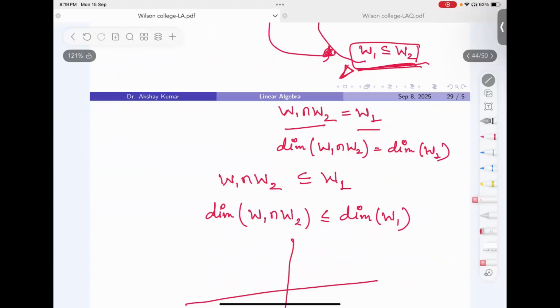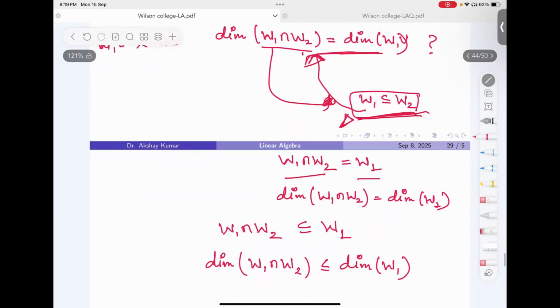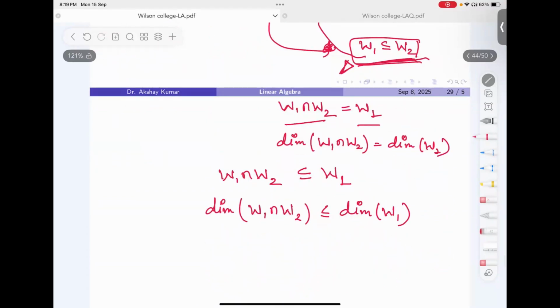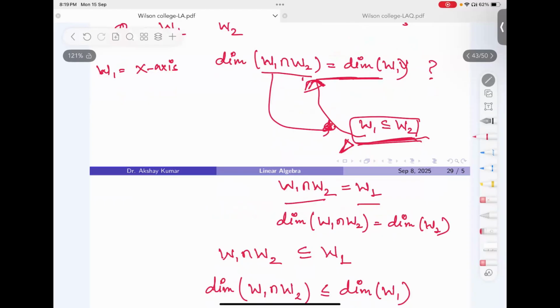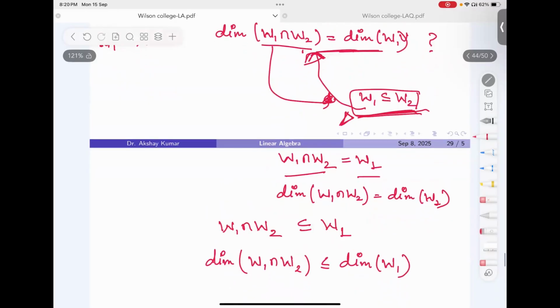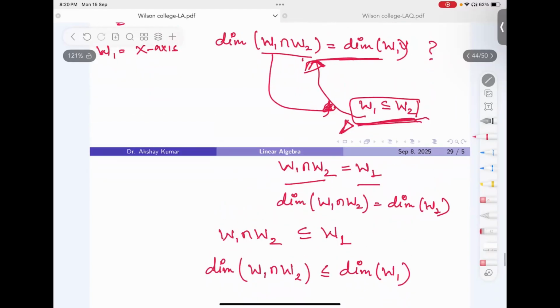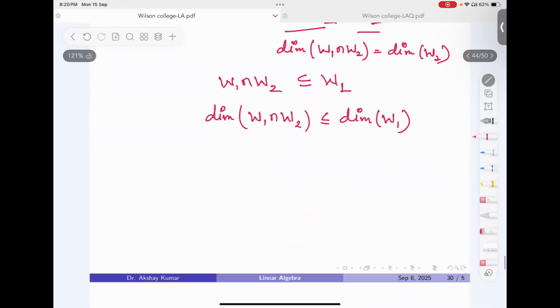Okay, how to prove this? When this one is done, the converse is, the dimensions are equal. So we want to prove W1 is a subset of W2. You can prove it like this. Suppose W1 is not a subset of W2.